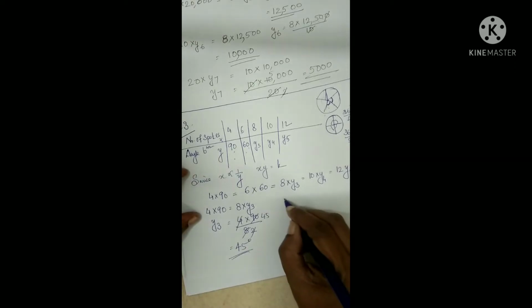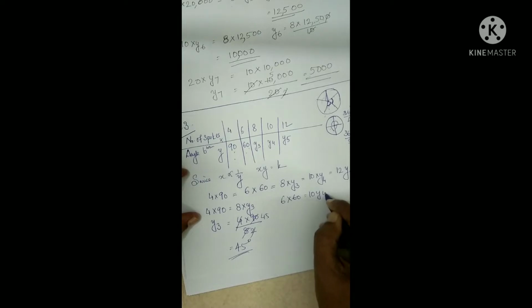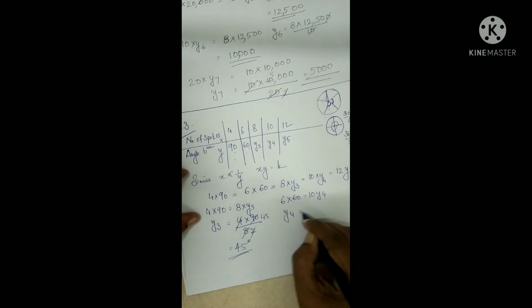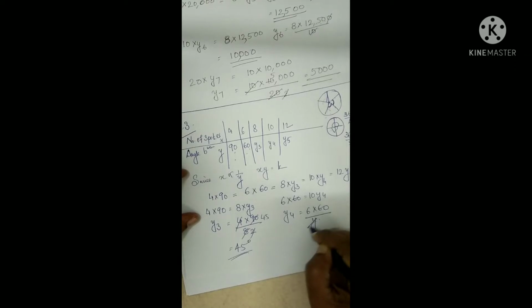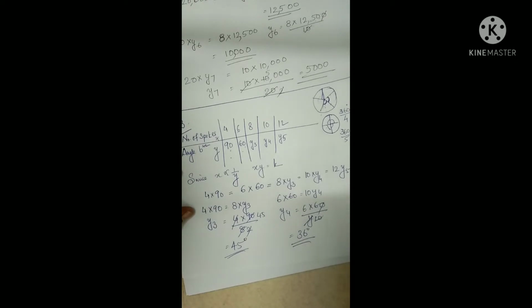Now, if I take 6 into 60 is equal to 10 into y4, so y4 is equal to 6 into 60 upon 10. So that is 36 degree. Now here also, if you want 36 degree to be taken, that also you can take.